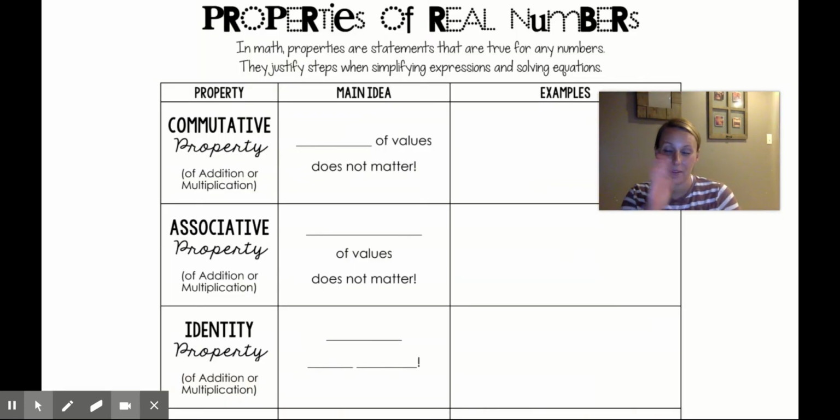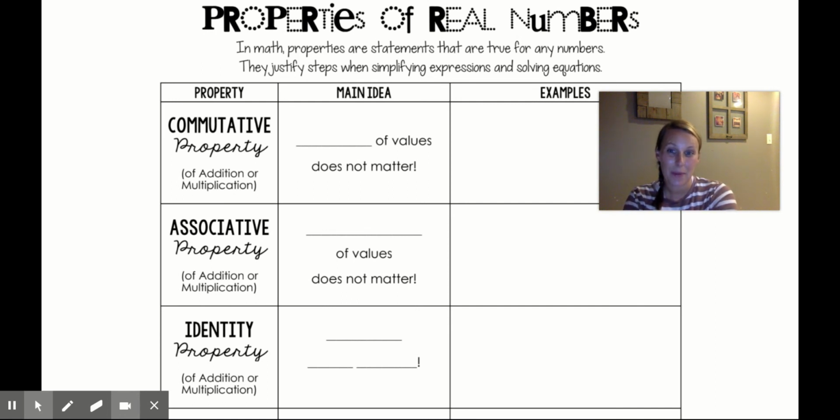So if you keep flipping through your packet, you should see a page that looks like this. It's a graphic organizer, a space that you can use today as you work. But there are a lot of properties. A couple of these may be familiar to you. The commutative property should not be brand new. If it is, that's okay too.